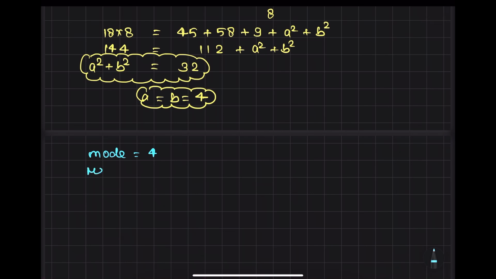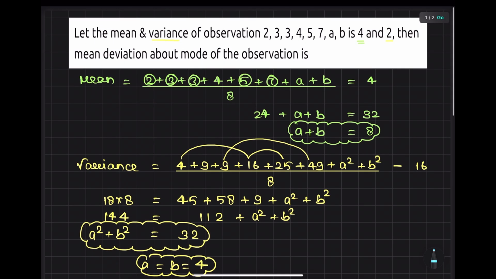So you got mean deviation about mode equals, you have to subtract 4 from everything.